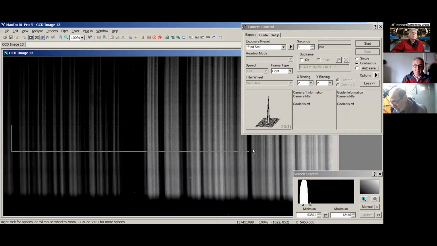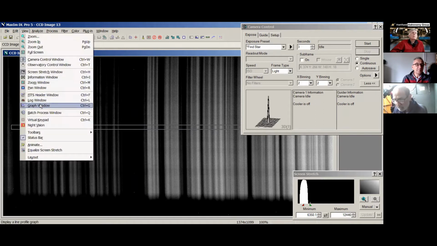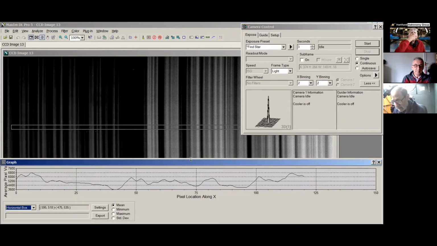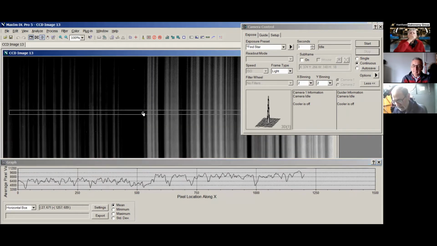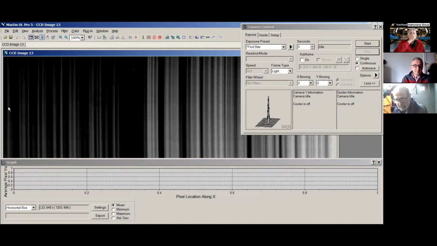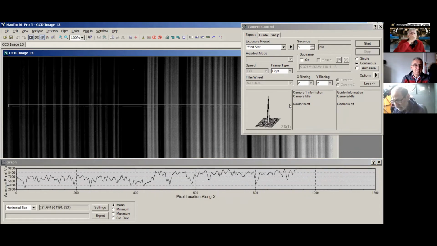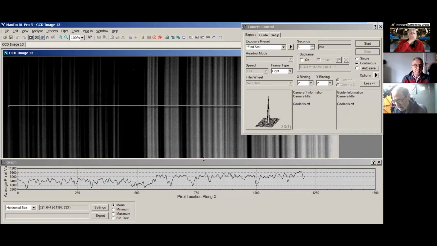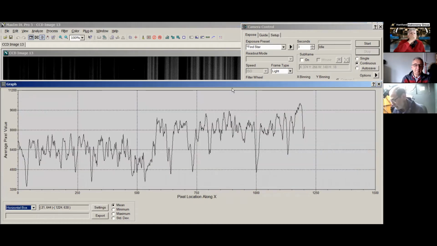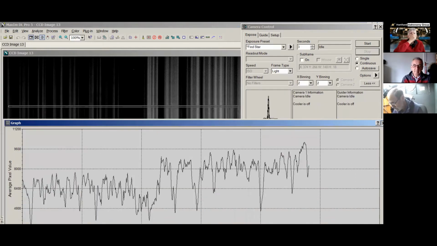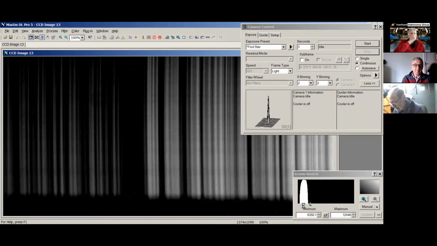I'm just going to view the graph, and we'll see it. Well, it doesn't look like it. See if I can get that more distinct.